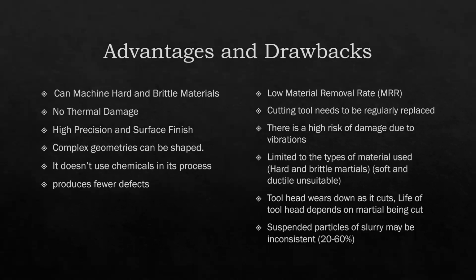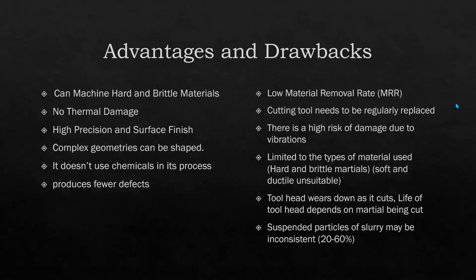The finishes are very precise, so whatever you have shaped for the tool head will probably come out when it's shaped. Complex geometries can be shaped because the tool head could be shaped into whatever finish you want. It can be cut that way. It doesn't use any chemicals within the process. It just uses water and its suspended particles, and it produces a lot fewer defects.